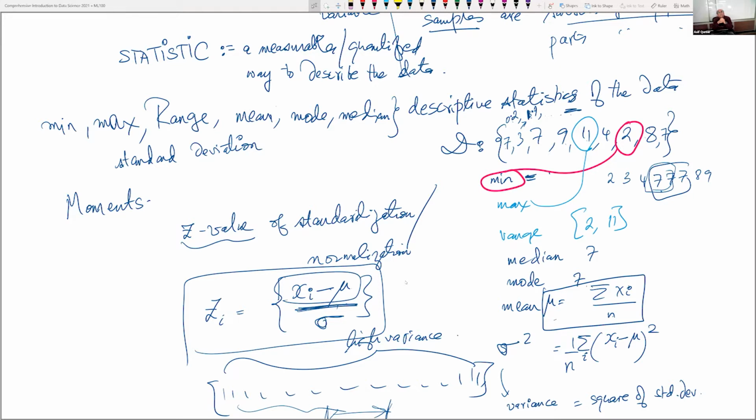Then you scale it by the standard deviation, and it becomes a dimensionless quantity. It doesn't matter whether you're using pounds, kilograms, tons, or grams. The normalized value of the elephant's weight would be invariant of the units of measurement, which makes it very valuable. You are not hostage to whatever units of measurement you took.